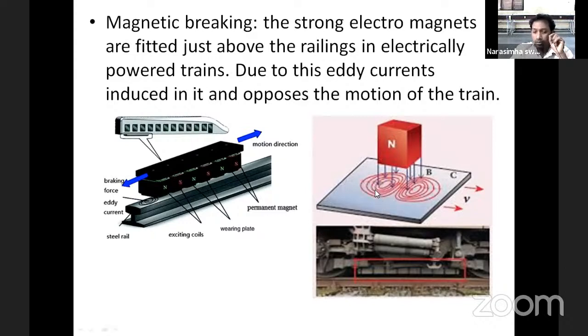The motion of the block is the cause for the change in magnetic flux, so whatever induced current is generated in the block opposes the motion. That is used as a magnetic brake. Here you can see the picture of this mechanism under the train in this diagram. Strong electromagnets are fitted just above the rails in electrically powered trains, and eddy currents induced in it oppose the motion of the train. This is also one of the important applications.